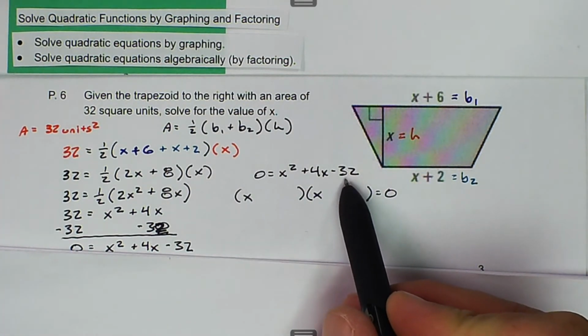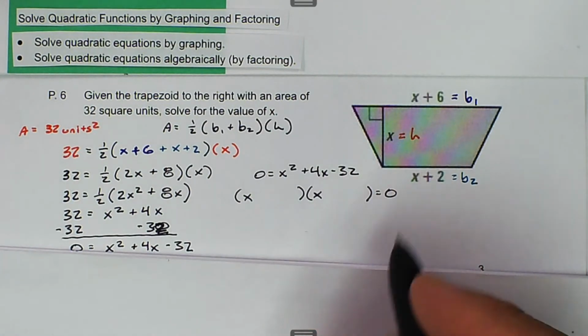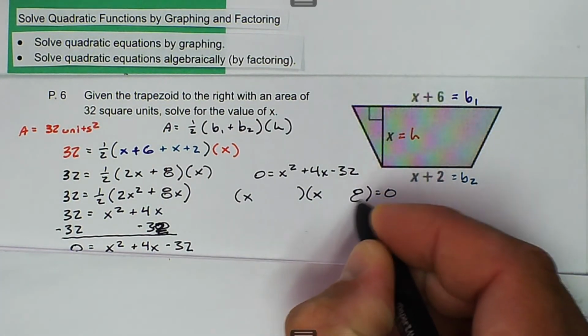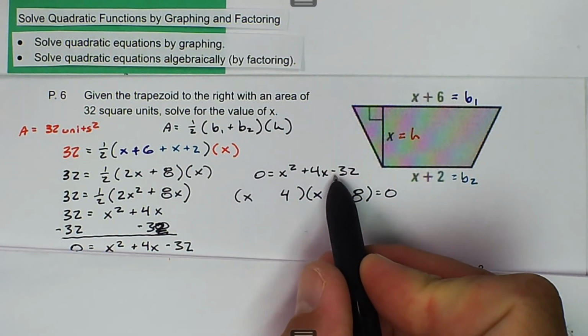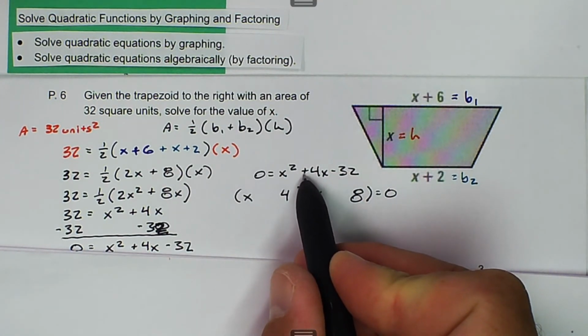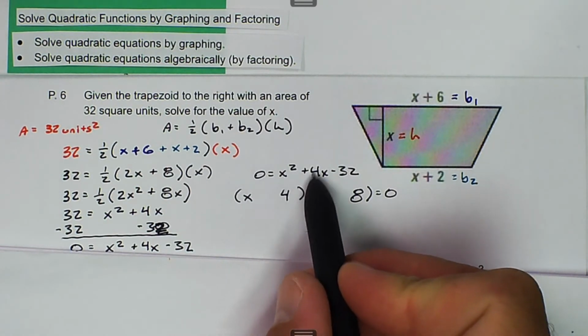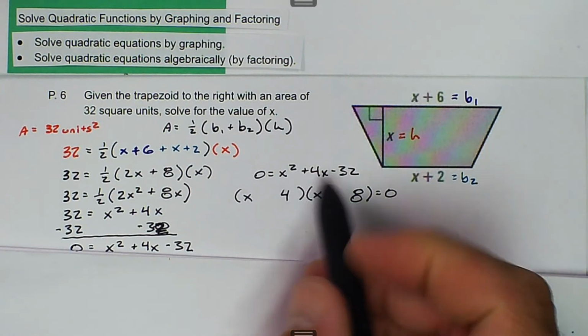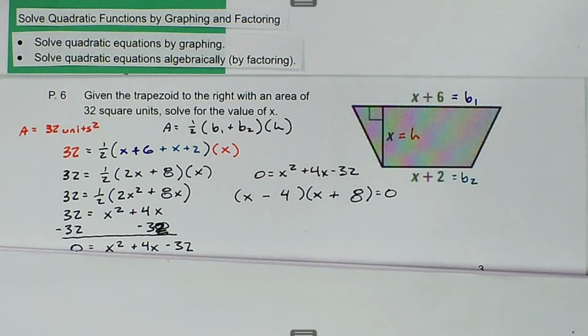Numbers that multiply to 32, that I can think of right off the top of my head, are 8 and 4. And 8 and 4 have a good chance to add to 4. So I'm going to put 8 and 4. They have to multiply to negative 32 and add to positive 4. So one has to be positive and one has to be negative. In order to add to positive 4, the bigger number has to be positive. So it has to be plus and minus.